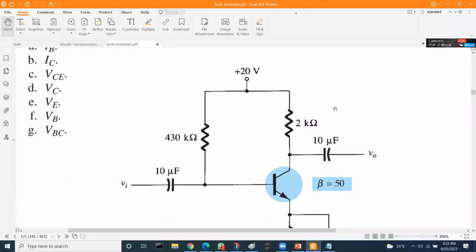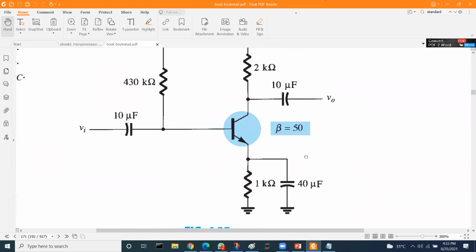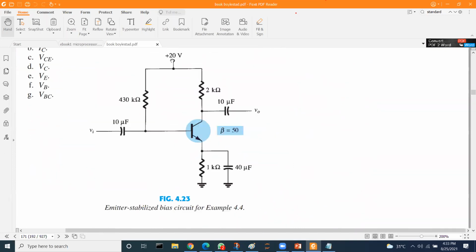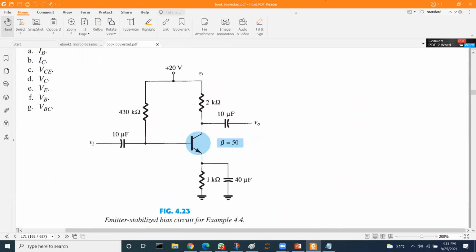So the circuit is given here. The formula is given with us. As we can see, there is a 20 volt potential difference applied, the VCC value. So here we have the VCC value. Here we have the RB value. Similarly, here we have the RC value and RE value.